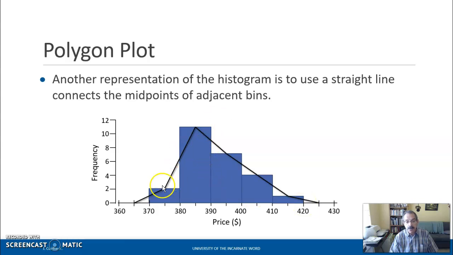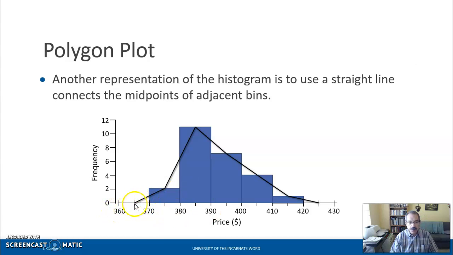The reason is that this line always starts at 0 frequency and ends at 0 frequency. And if you notice, the line goes from the middle of the first class, from 360 to 370.